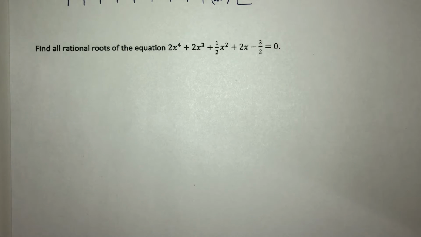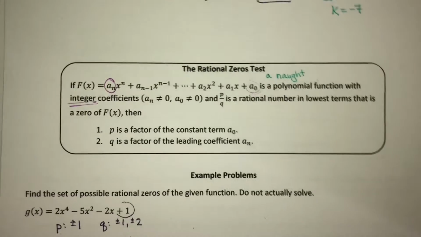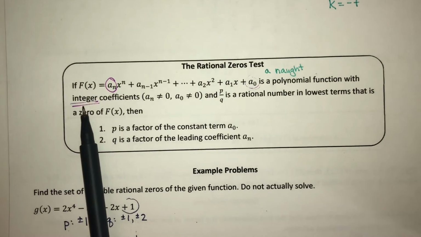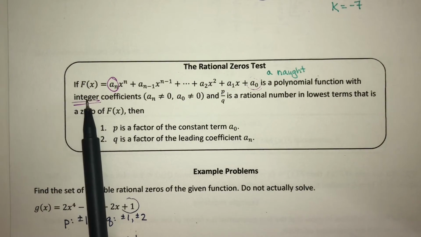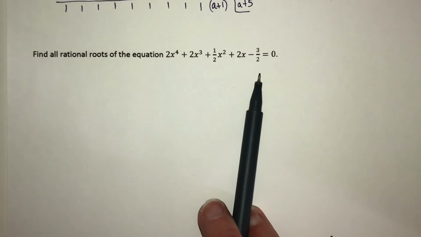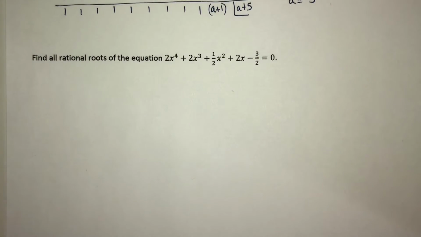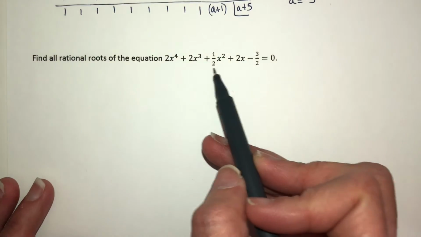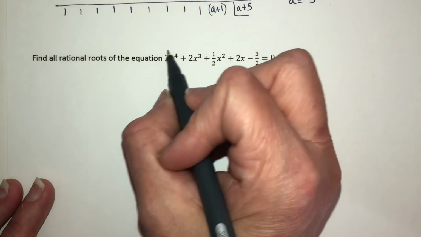But the problem is, if you look back right here, we have to have integer coefficients, and we don't. Okay, so how do we deal with that? We're going to multiply both sides by our least common denominator. In this case, we have two fractions. They both have a 2 as a denominator.